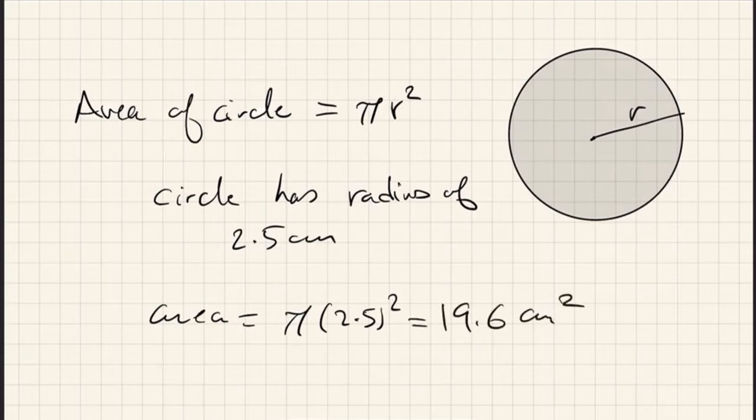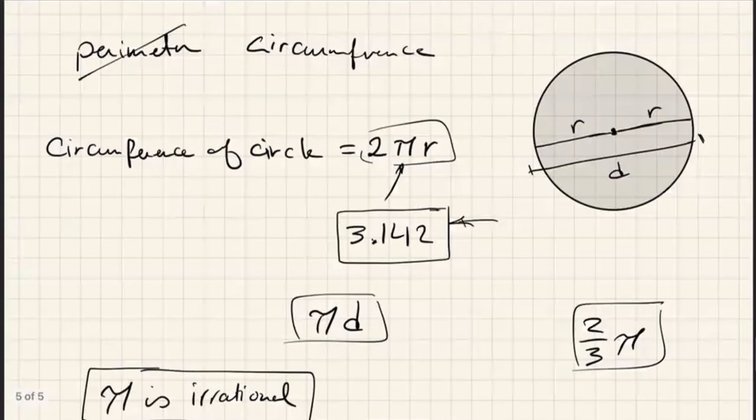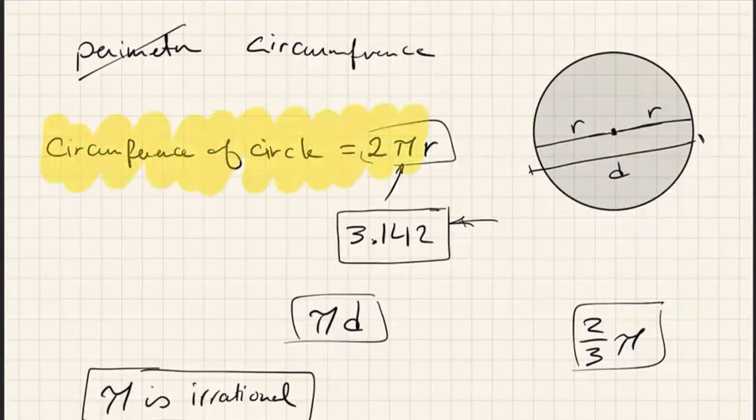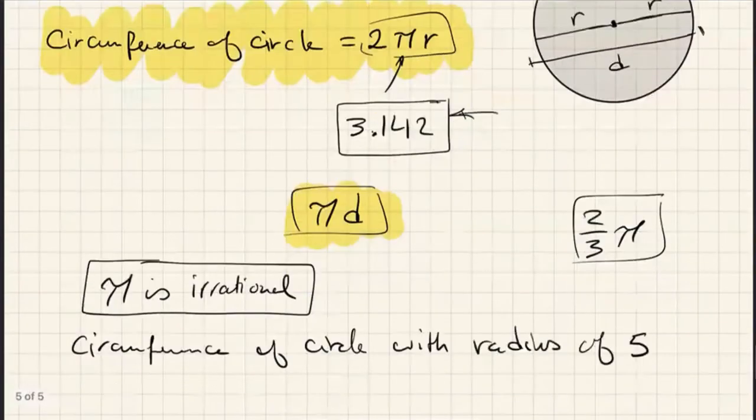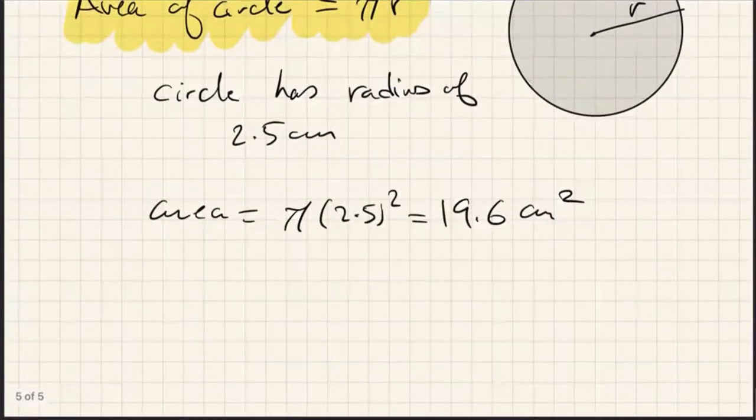Okay, so it's straightforward. The area is this, and the circumference is this or this.